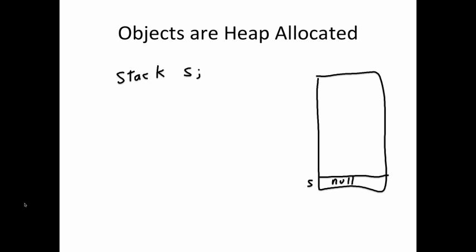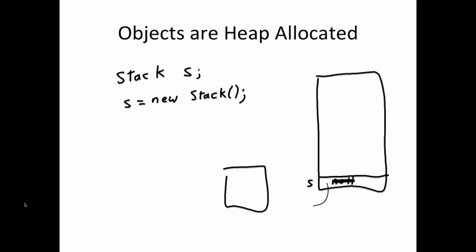In order to actually have a stack object, we have to allocate it off of the heap. So the second statement will create a Stack object and it will make S point to it.